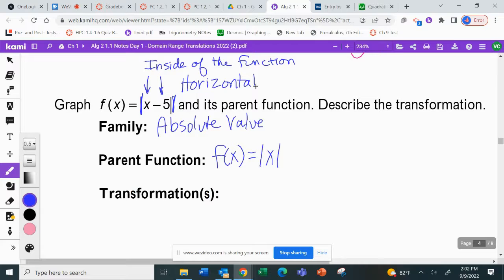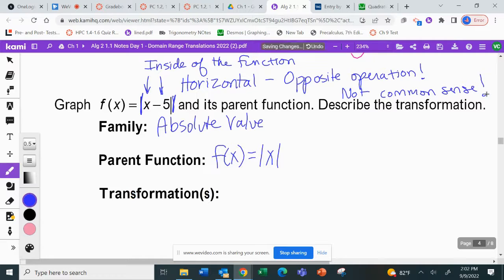So these are going to be opposite operation. Not common sense. This is opposite operation, not common sense.